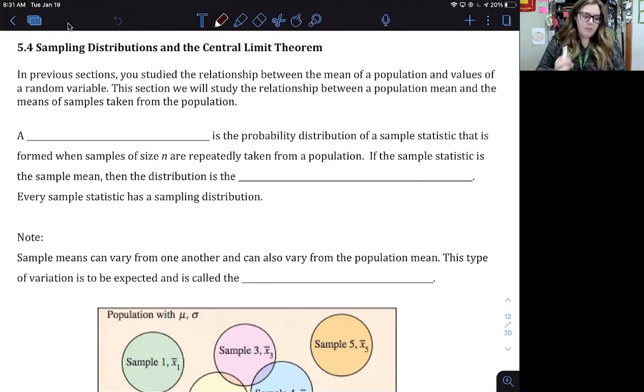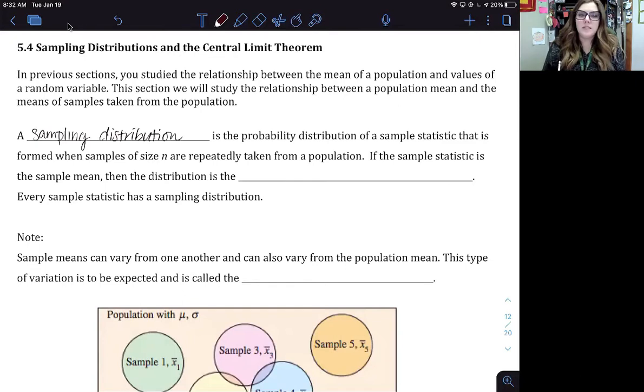So a sampling distribution is the probability distribution of a sample statistic that is formed when the samples of size n are repeatedly taken from a population.